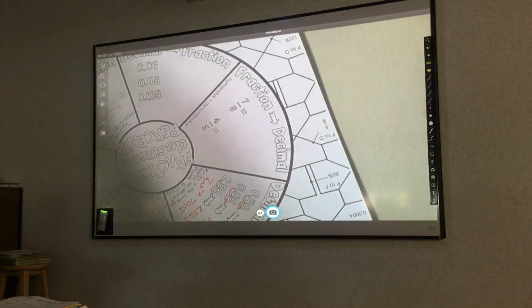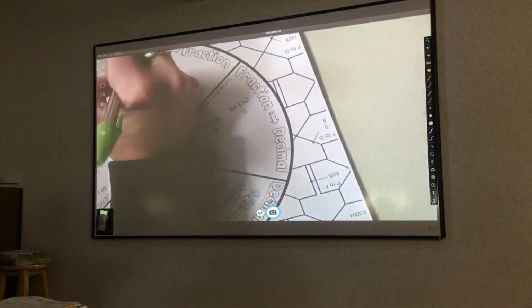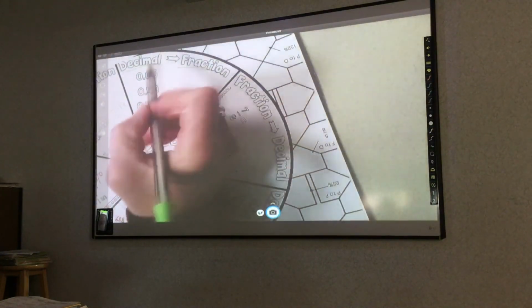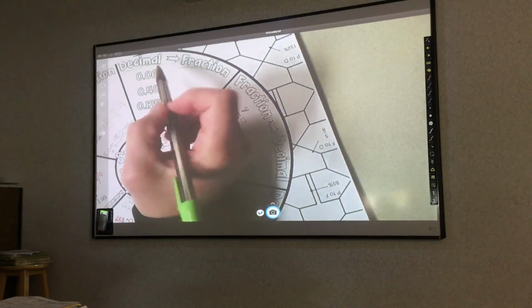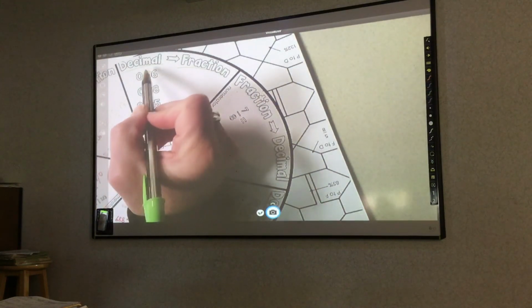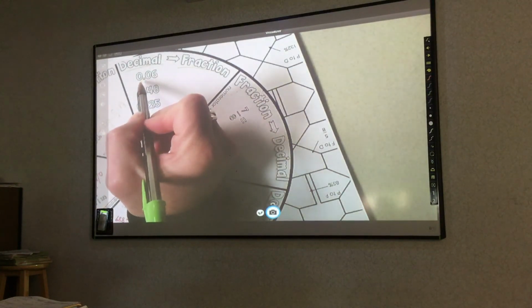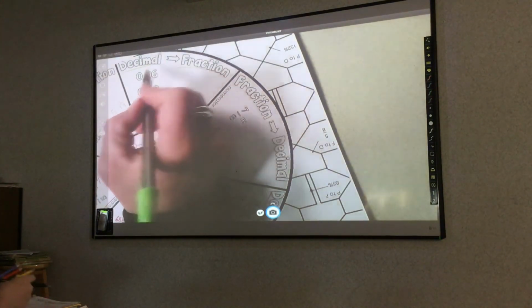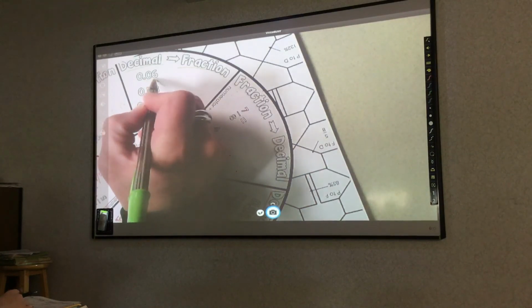We're on to decimals to a fraction. You need to first read the decimal as it is. I'm not gonna say it's 0.06. I need to read it like a decimal and what place value it is, because this would be the tenths, this would be a hundredth.